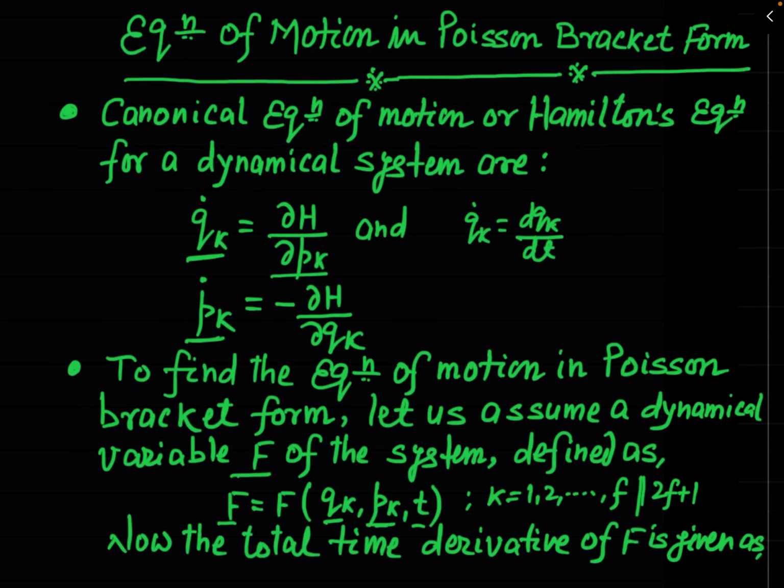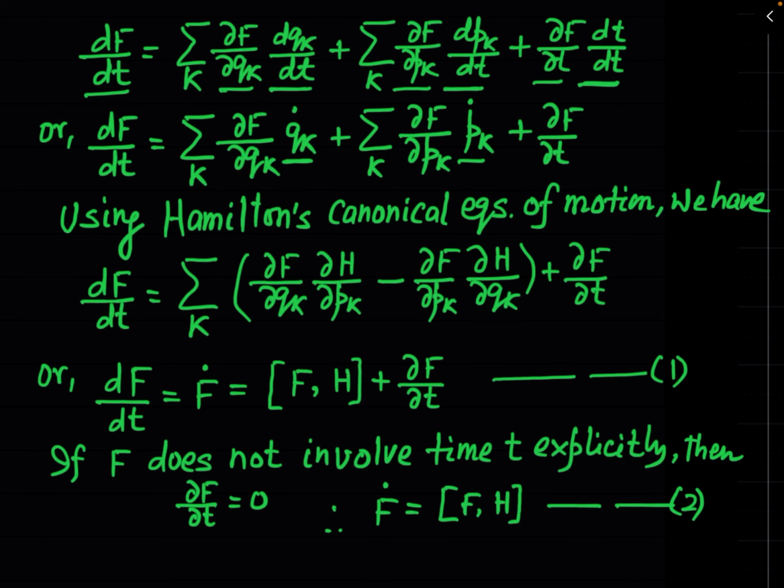Now you have seen Hamilton's canonical equations of motion: qk dot equals del H by del pk, and pk dot equals minus del H by del qk. Let us make use of these equations here. Instead of qk dot, we write del H by del pk, and instead of pk dot, we write minus del H by del qk.